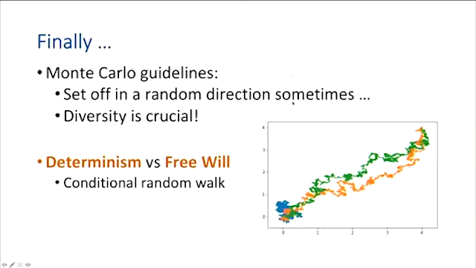All right, and a little bit of philosophy at the end. Determinism versus free will. And we're going back to this turtle. So I said many scientists believe in determinism, that everything is determined from the start, that everything runs like a clock once you know the initial conditions.